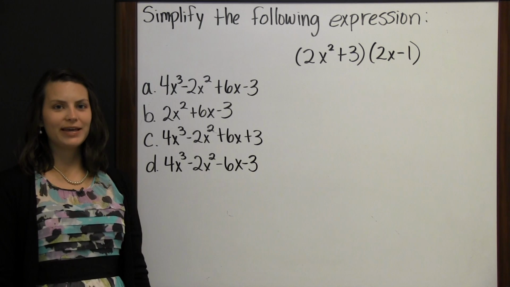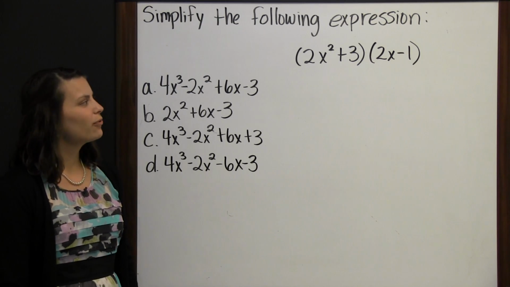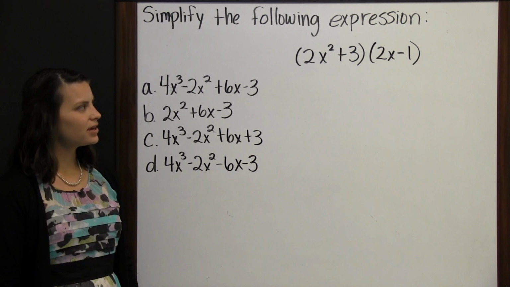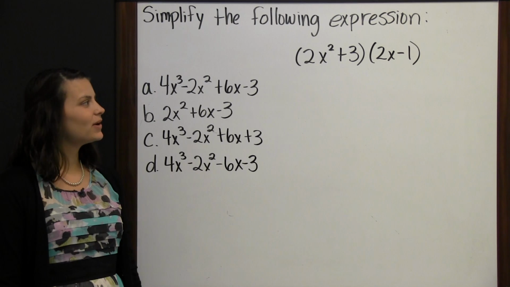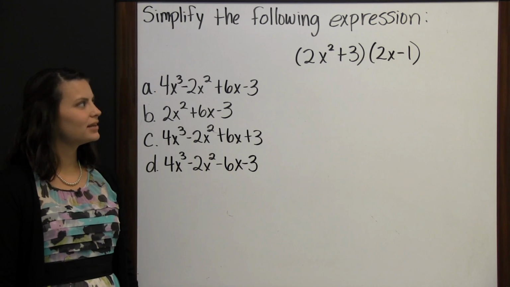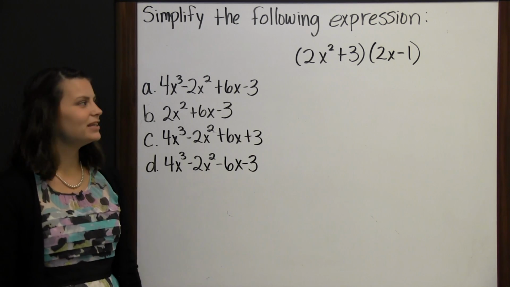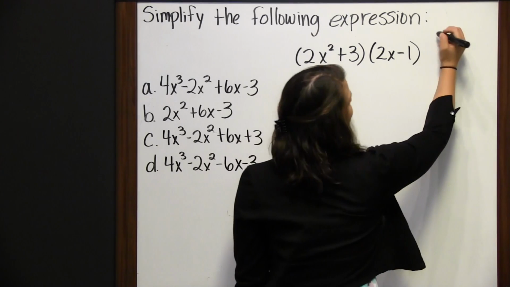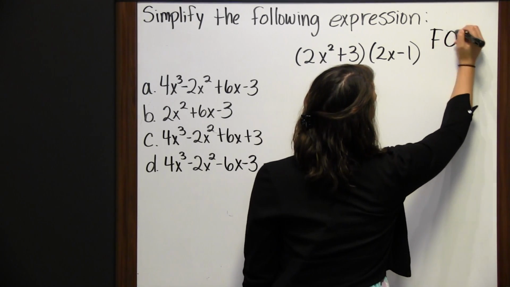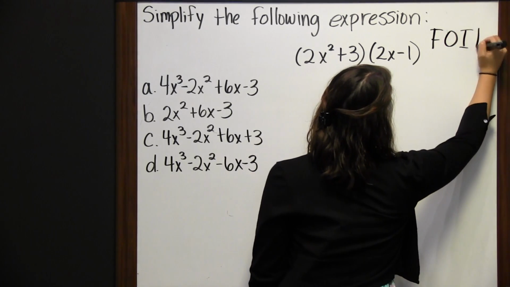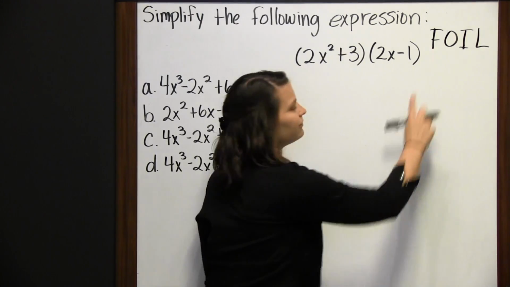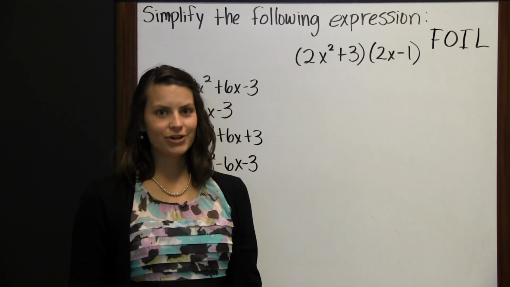Simplify the following expression: the quantity 2x squared plus 3 times the quantity 2x minus 1. To simplify, we need to FOIL. The F in FOIL stands for first.